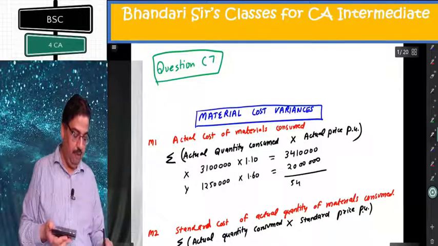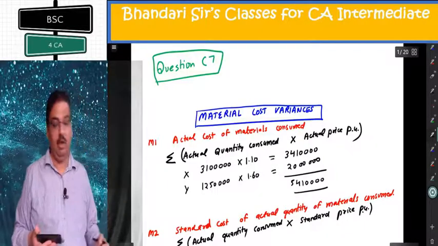This becomes 54 lakh 10,000. This is M1.